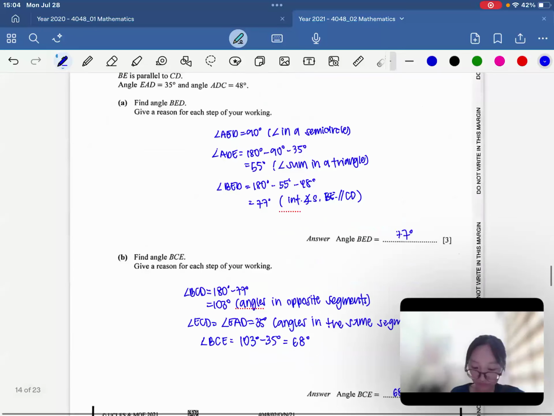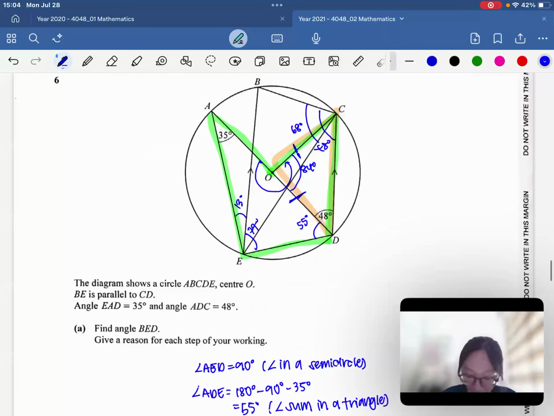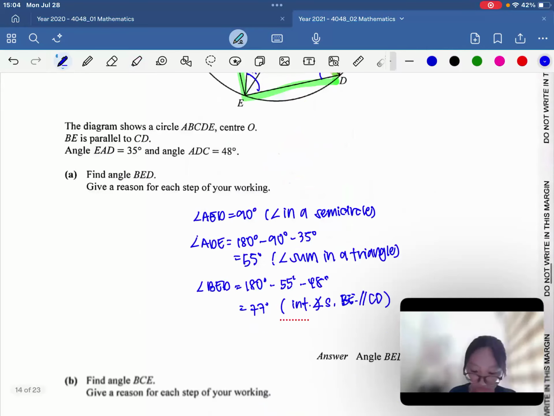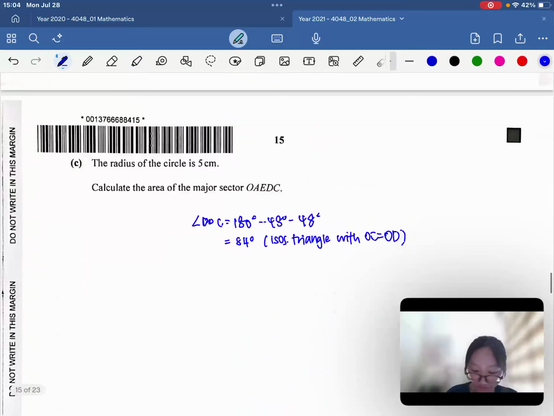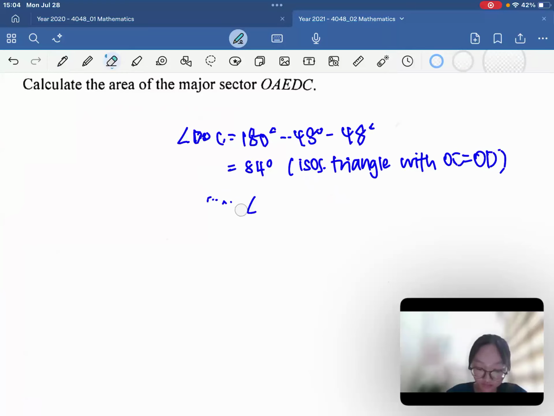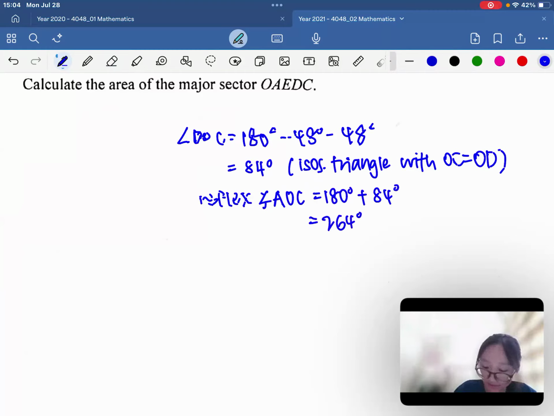Now we can find the reflex of AOC, which is this entire angle here. The reflex angle of AOC is 180 degrees plus 84 degrees, giving us 264 degrees.